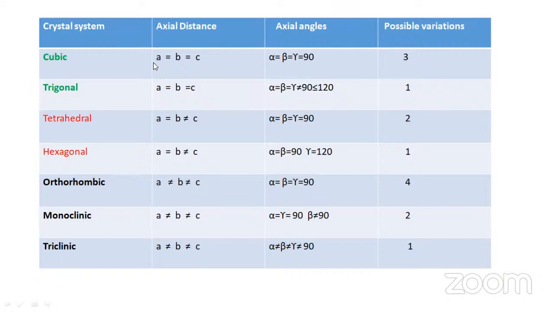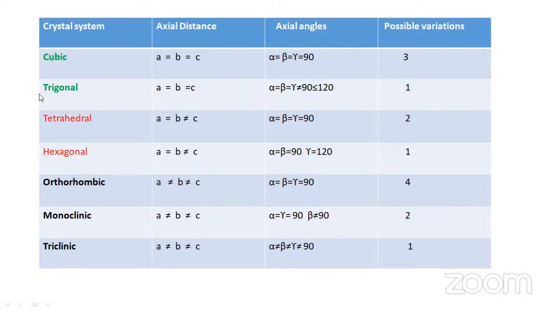Coming to the first member, all the axial distances are equal and all the axial angles are equal to 90. Okay, all of you understood? So this is the small trick. I hope everyone understood it. Once again, I'm repeating, Nana. Please look at it. All the seven crystal systems I made into three groups. The first group contains what crystal systems?